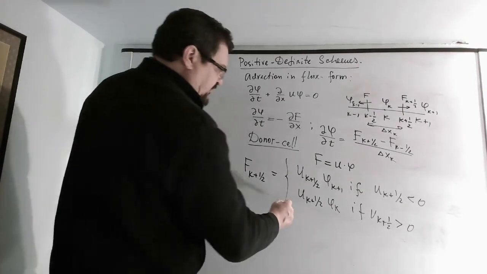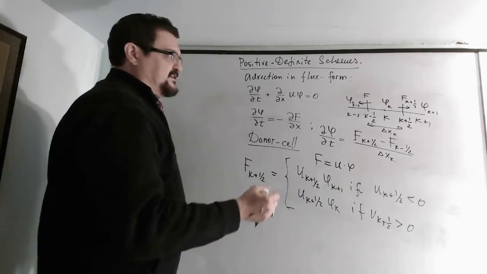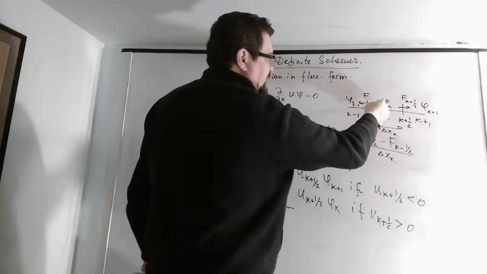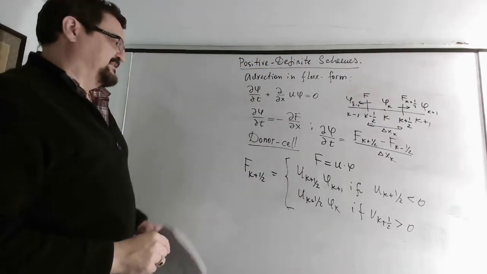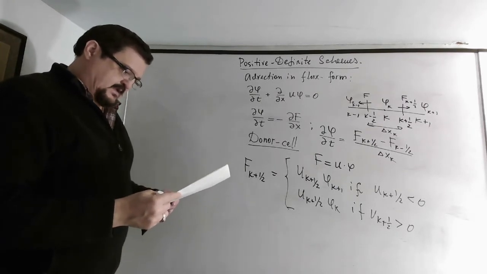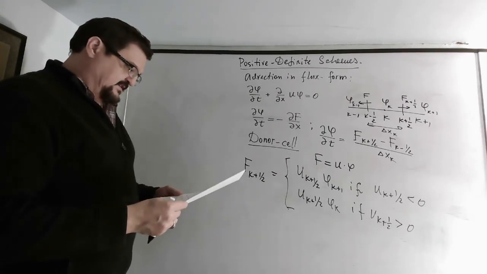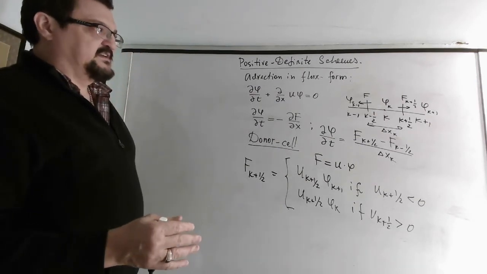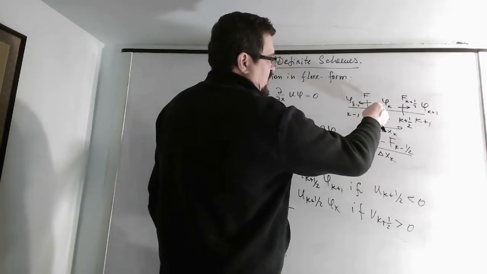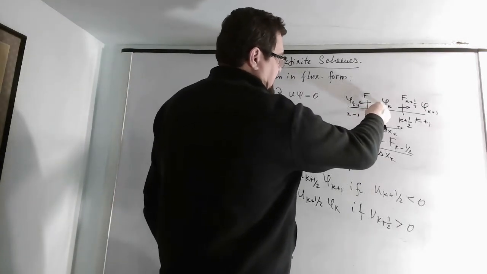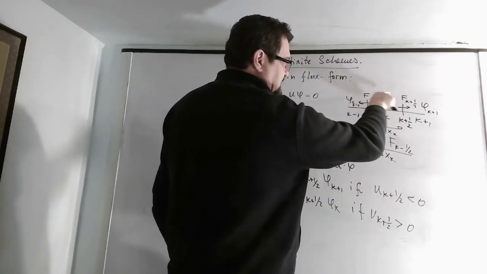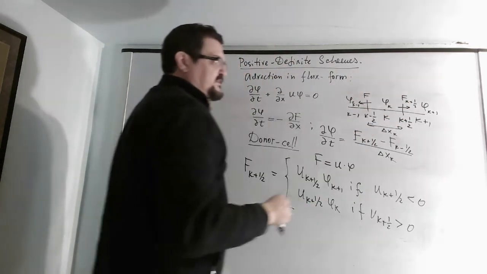Okay, so this is a donor cell. Basically, this cell is donor for this cell, and this cell is donor for this cell. That's why I assume it's called that. Now you can easily see that the only way phi can decrease is when stuff is leaving, and the flux is based on this phi.